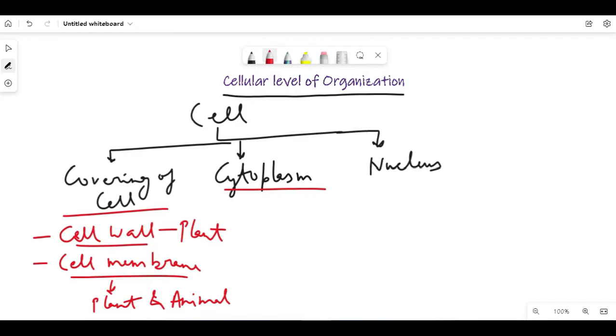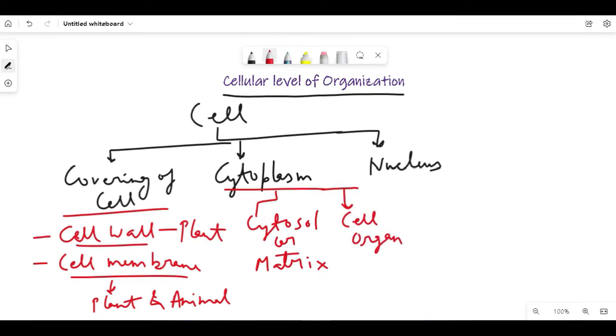Second, cytoplasm. Cytoplasm is again further divided into three parts. First one is cytosol or matrix, second one is cell organelle, and third one is cell inclusion.